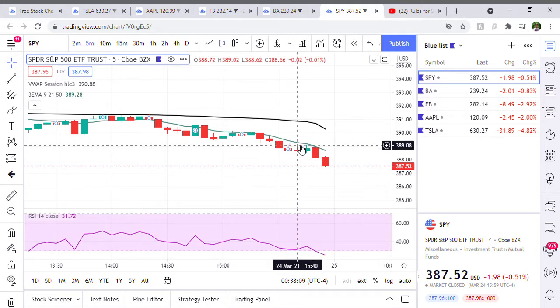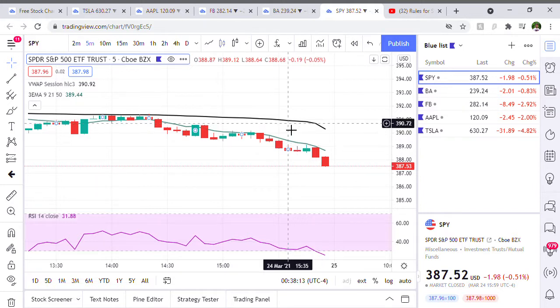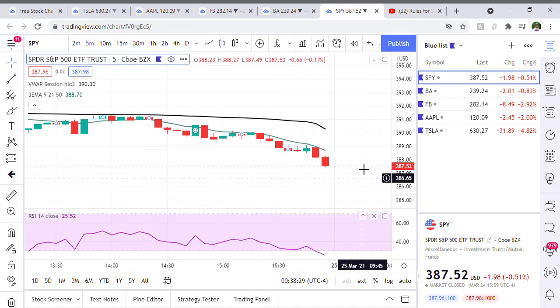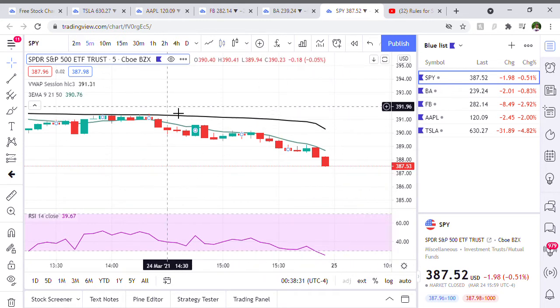If you see the next candle, again it is a very small candle, 388.62, so not much difference in these two candles. So here you can exit your trade. That is around 50 cents you found on your scalp. So this was the explanation of how to enter and exit the trade.